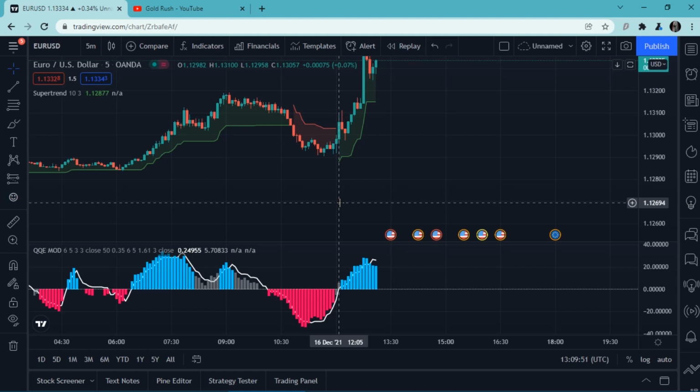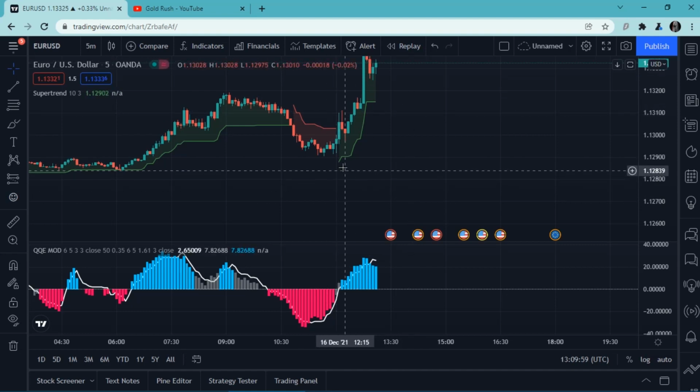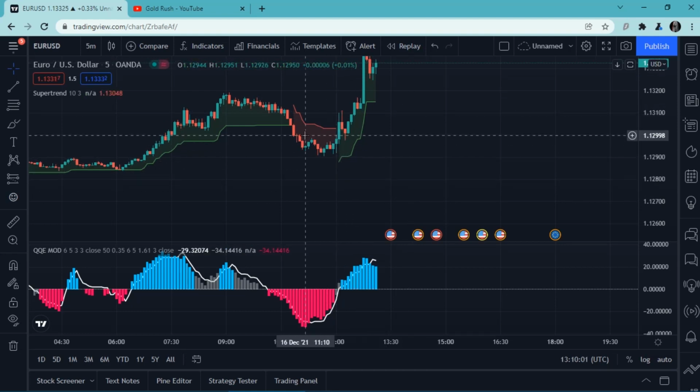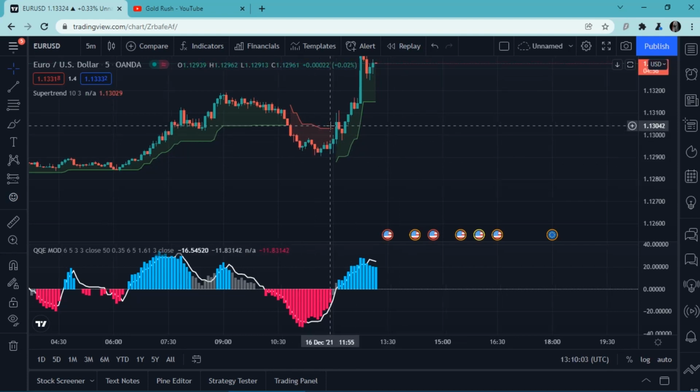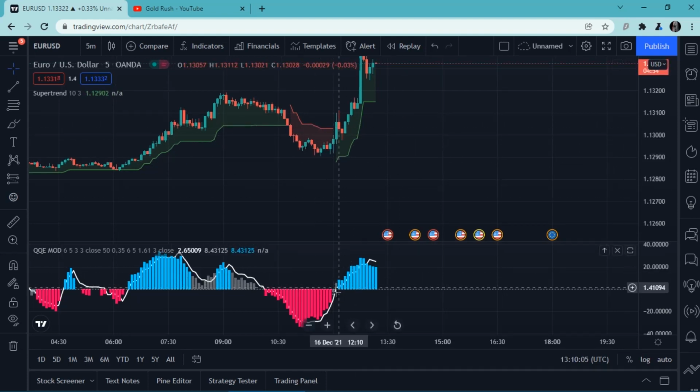Now we're going to be using the QQE mod to show you. Look at the QQE mod right when this green line changes, that's from red to green. You can see an ash signal on the QQE mod.